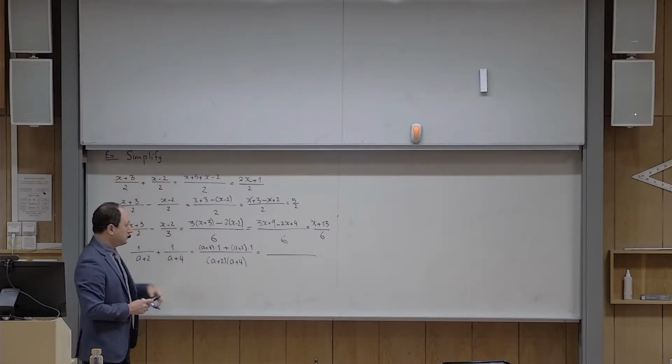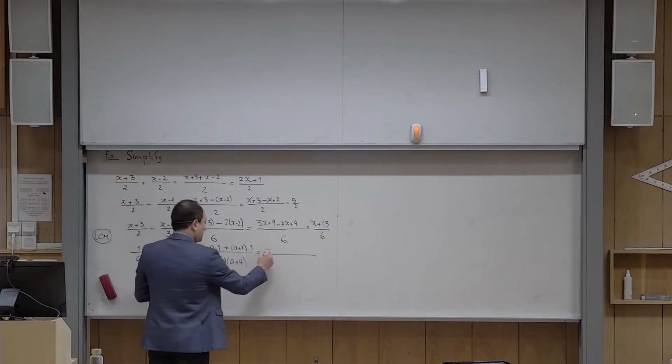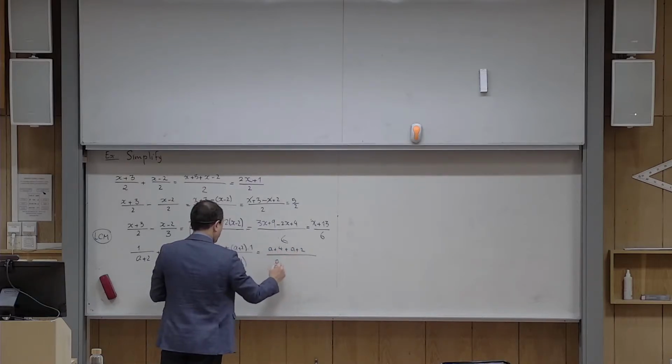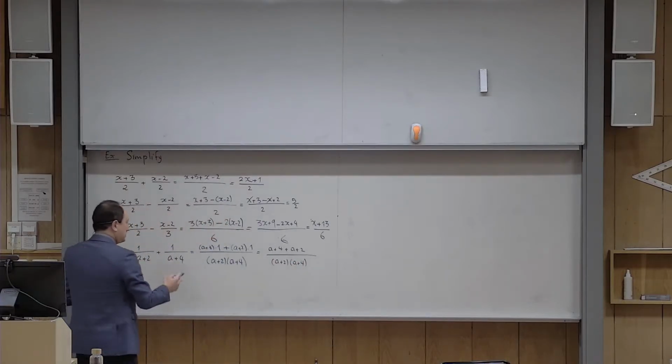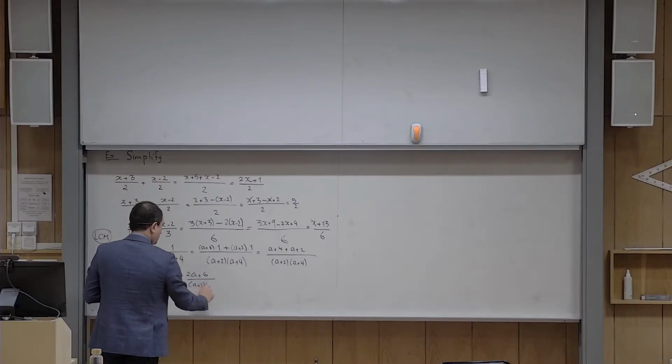But the numerator, you should work on it and try to make it as simple as possible. So in this case, if I multiply that in, it becomes a plus 4 plus a plus 2, and then I have a plus 2, a plus 4. So what is the answer in the numerator? It becomes 2a plus 6 divided by a plus 2 times a plus 4.